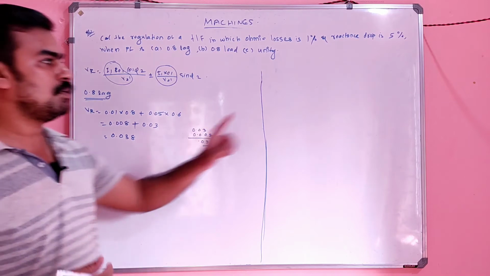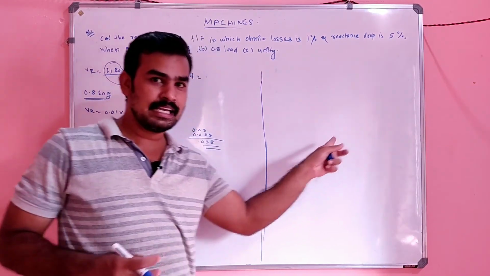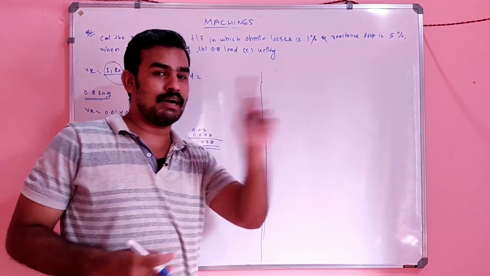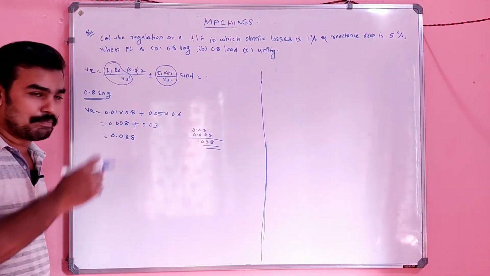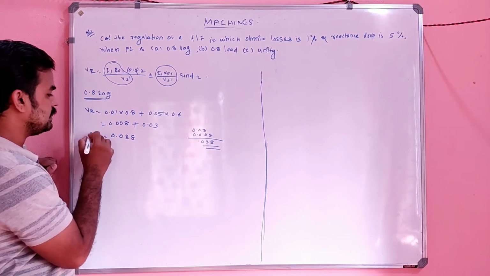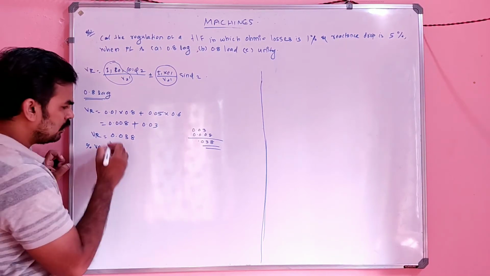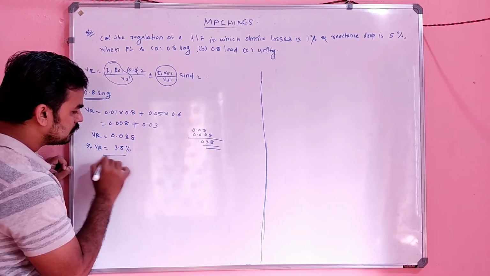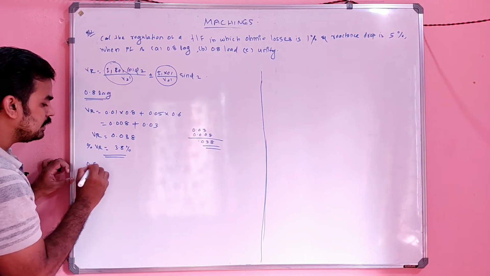In the previous problem, the answer contained a minus sign because it was a capacitive load. Coming to this problem, 0.038 is VR. Percentage VR, multiplied by 100, will be 3.8%. That is the answer.